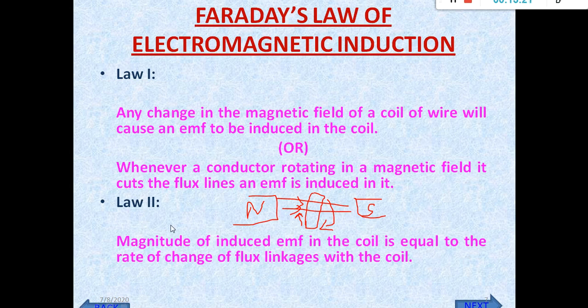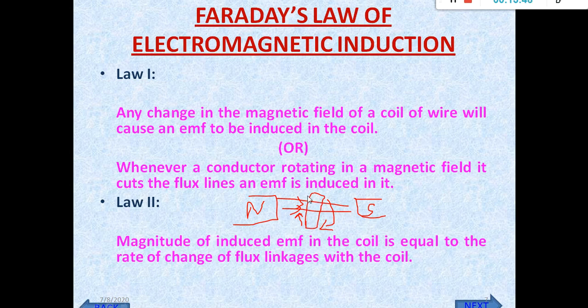Next, law 2. What is law 2? The magnitude of induced EMF in the coil is equal to the rate of change of flux linkages with the coil. The magnitude of EMF induced in this coil is proportional to the rate of change of flux linkages.